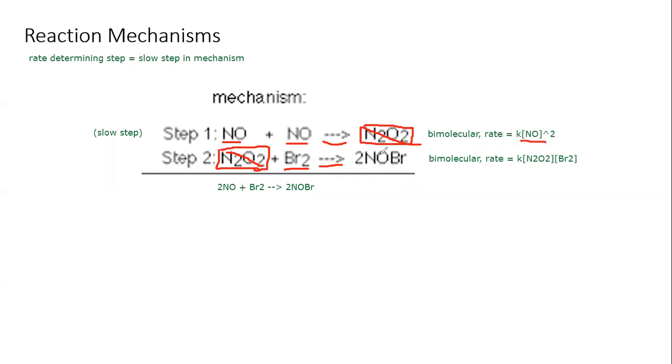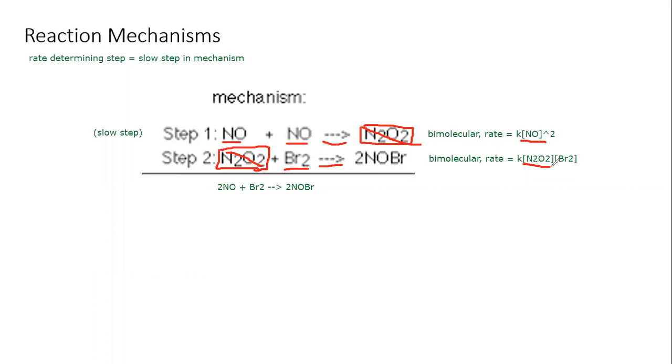If we had used the second step to write our rate law for this mechanism, you would have seen that there is a reaction intermediate in the rate law. You cannot have a reaction intermediate in the rate law for a reaction. So you would have to substitute it out if you can. If not, that wouldn't be a valid rate law.